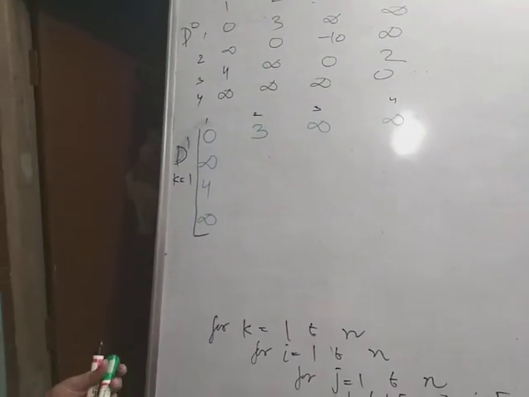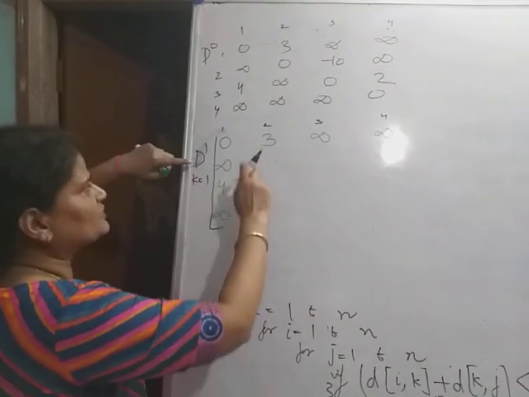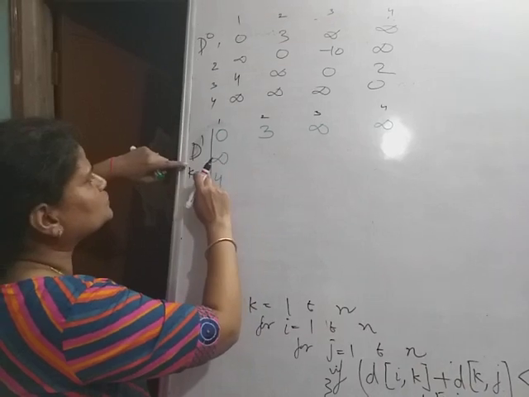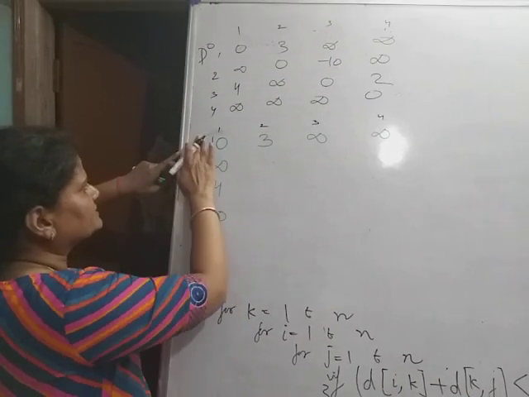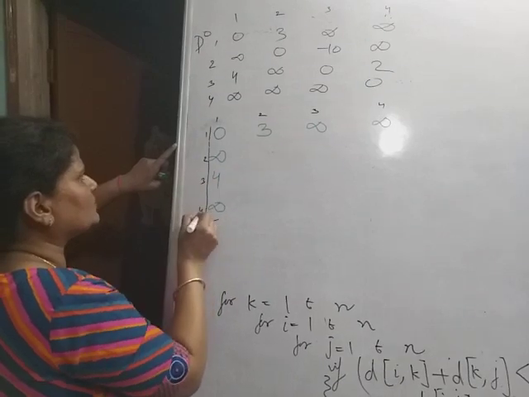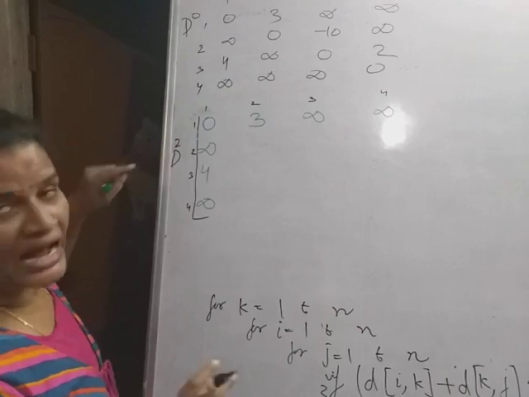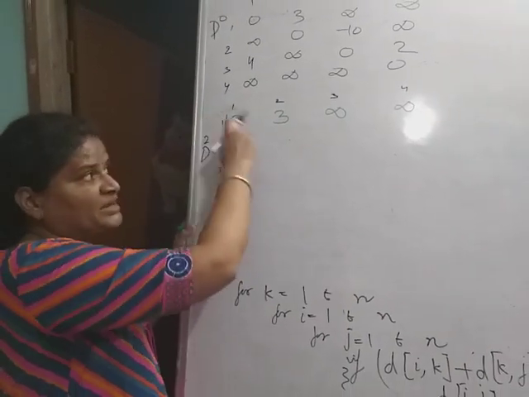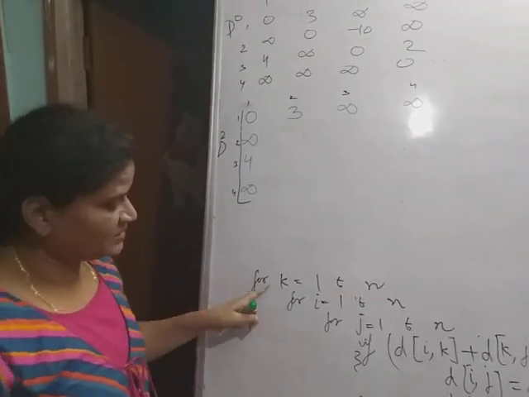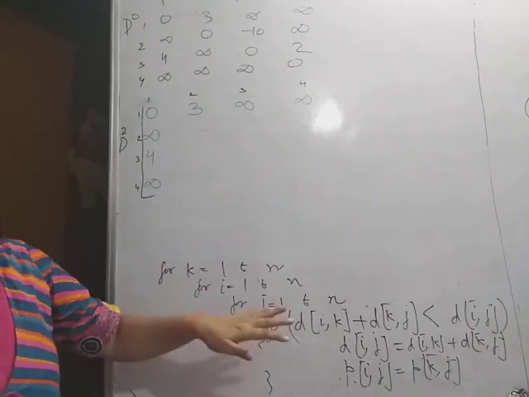Now I will have to compute this, which is 1, 2, 3, 4, and this is D2. Again I am saying, don't copy 0 here, because in this algorithm, earlier I copied 0 in all diagonal elements.